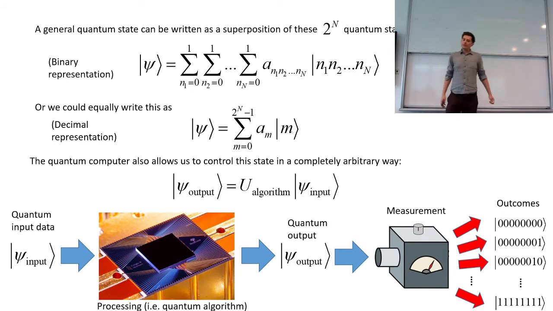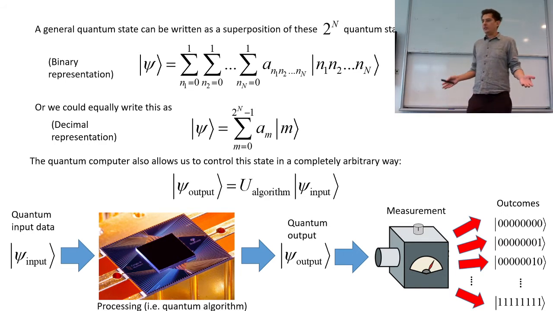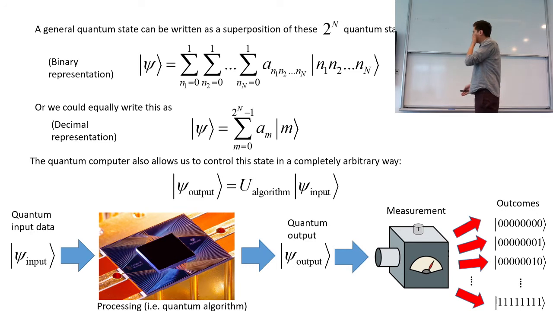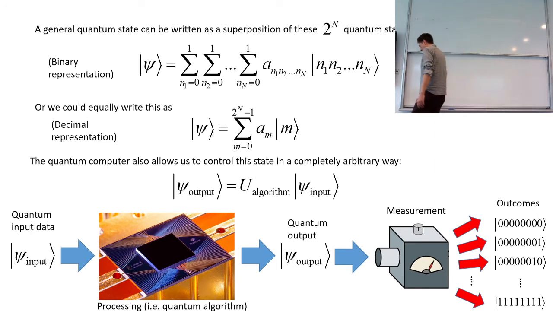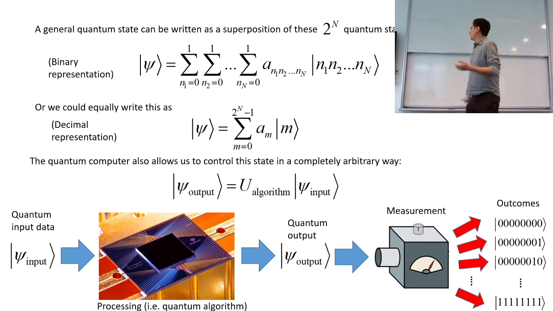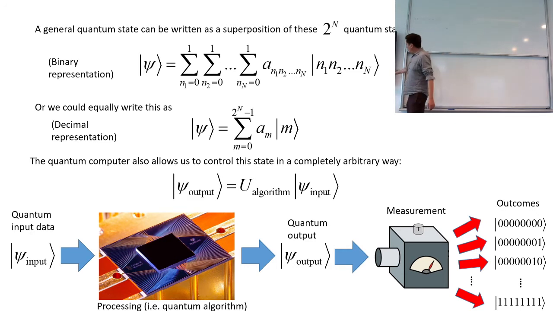Of course, you need to actually measure something there, right? So that we can understand what has just happened, we need to do a measurement. In general, when we do the measurement, there will be all these different outcomes with probabilities according to whatever that wave function is, with the usual law of the modulus squared of the coefficient.